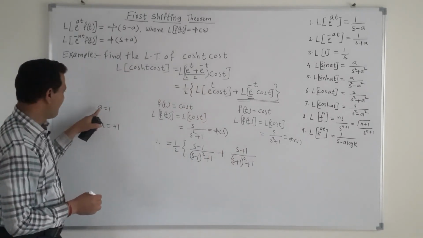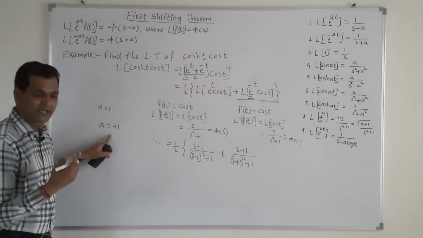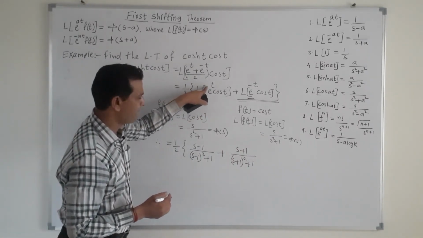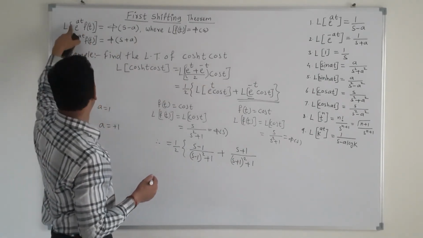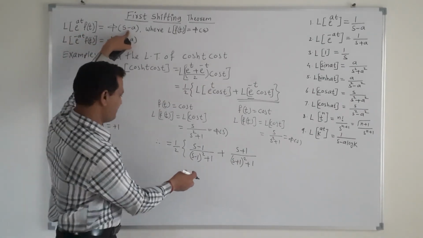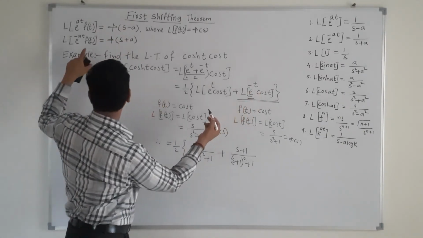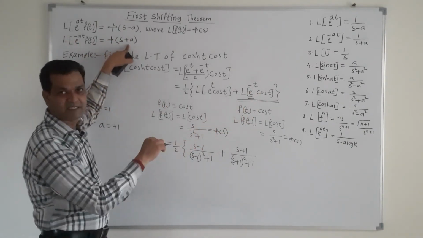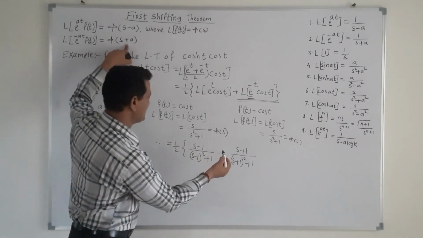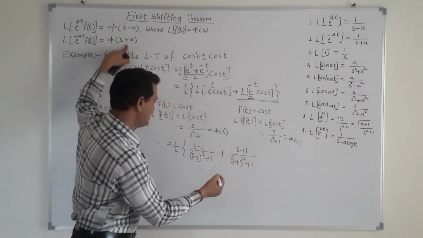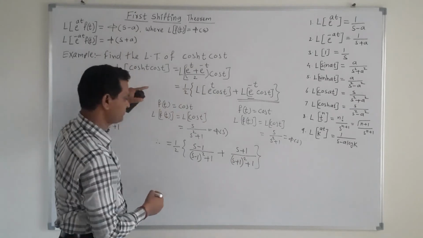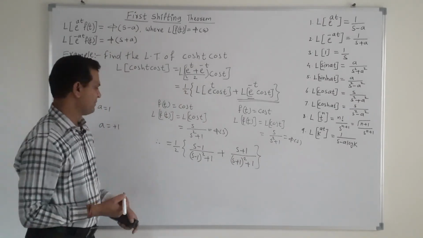Here the value of a is the same, but the power is plus, so s minus a is the one term; and here the power of e is minus, so s plus a, that means we write s plus 1. In this way we solve the example based on the Laplace transformation.